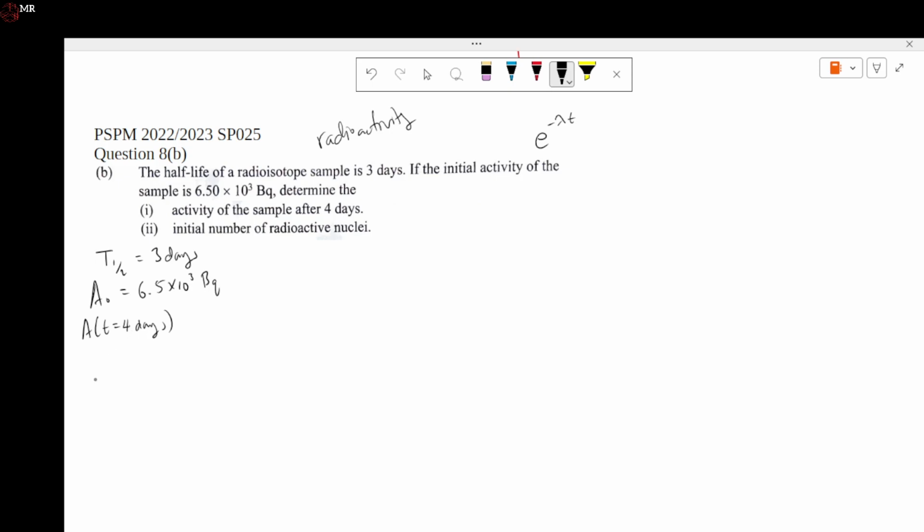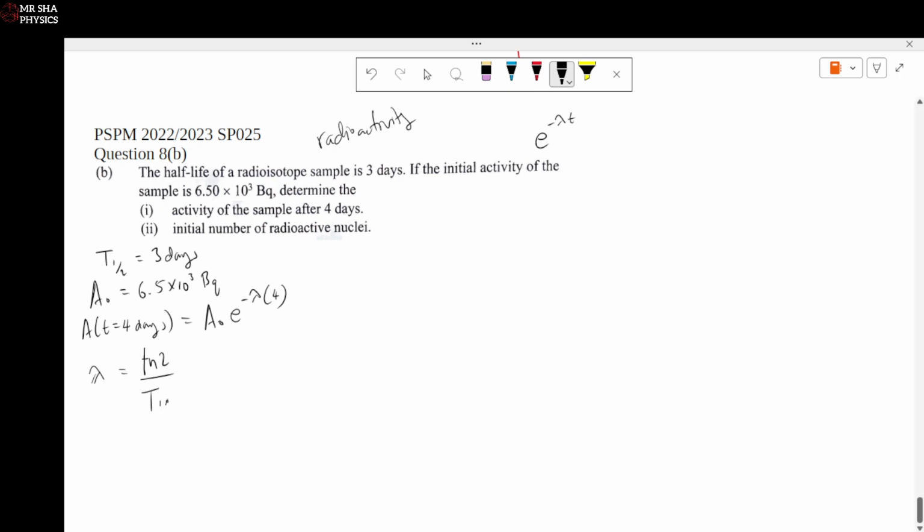So the activity after 4 days is simply going to be A naught, which is the initial activity, times e to the power of negative lambda t, where t is 4. I need to look for lambda. Lambda can be related to the half-life by log 2.